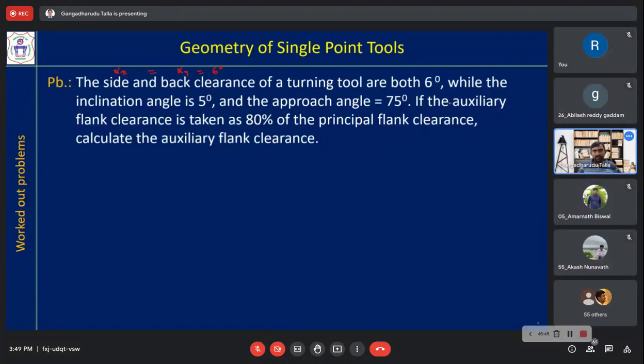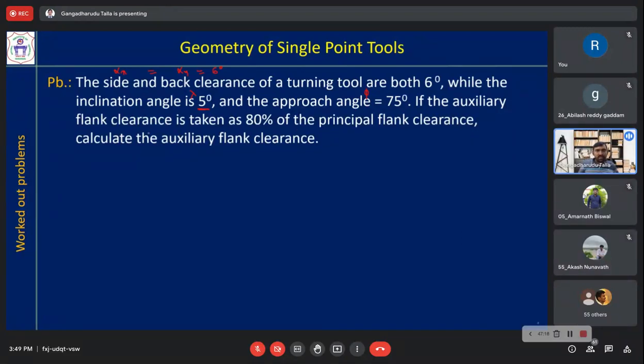That is given, while the inclination angle is 5 degree. What is the representation of inclination angle? Lambda. Lambda is given as 5 degrees. And the approach angle is 75 degrees. What is its symbol? It is phi, 75 degrees.